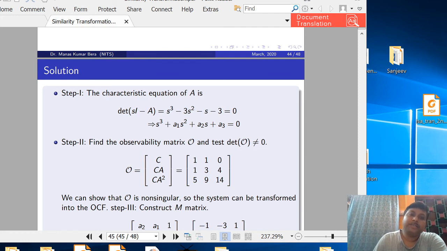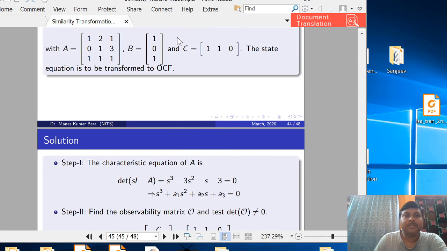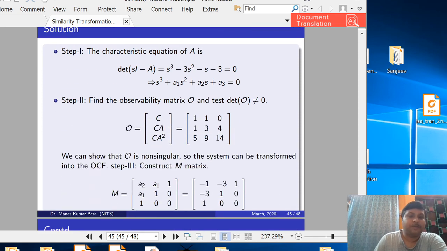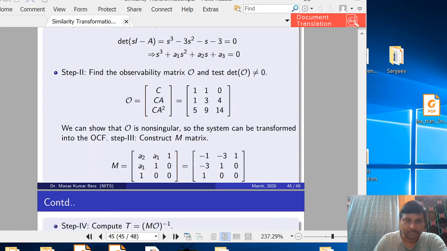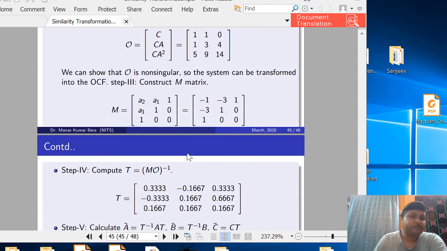So now the characteristic polynomial we have calculated, and we have calculated the observability matrix, and we are finding that the determinant of the observability matrix is not equal to 0. So we can transform this system into observer canonical form, and we have constructed the M matrix like earlier.